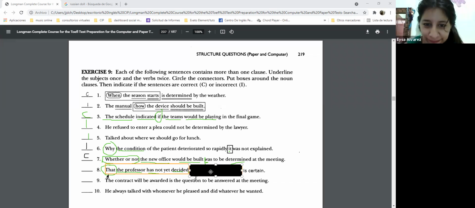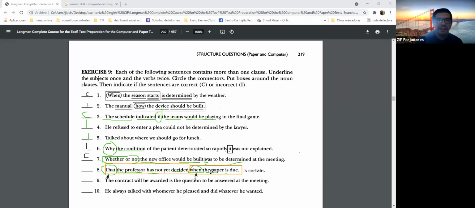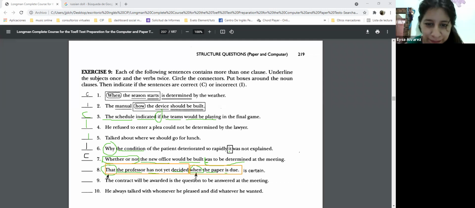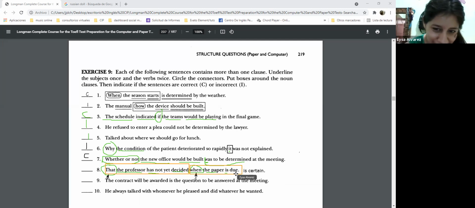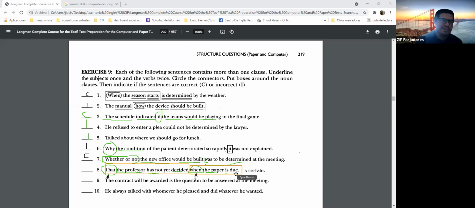And "when" is another clause, but in this case is it the object of the verb "decided"? No, it's not the object. Sorry, "that the professor has decided is certain," okay? "When the paper is due" is just another clause. I think it's the object of the verb "had not decided." It could be, I don't know.